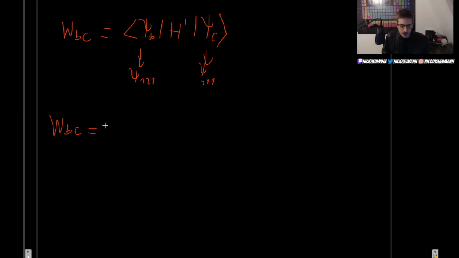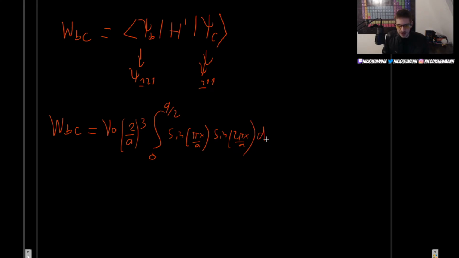W_BC, this would be, well, putting everything in, we get the constants, right? So V0, we get 2 over a cubed, and then we have the integral from 0 to a over 2. This is now the x part. Now this right here is simply sine of pi x over a, but now this part right here is sine of 2 pi x over a dx, of course.